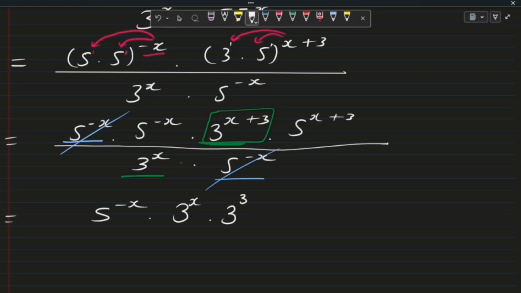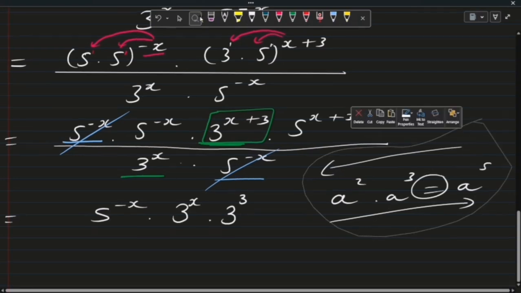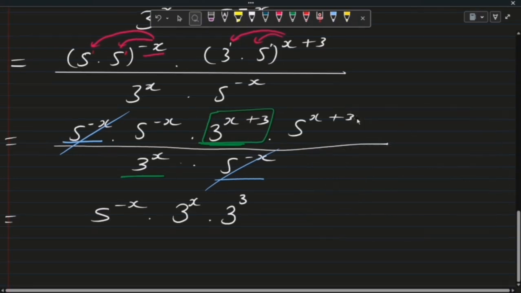Remember, I said that the laws of exponents work in that direction, but very importantly, they also work in the reverse direction because of this equals sign. Okay, with that being said, you can continue.